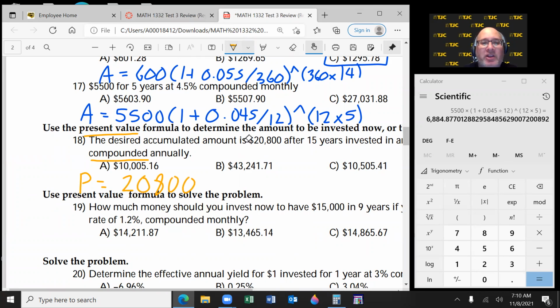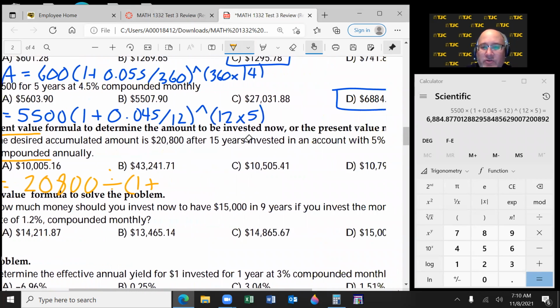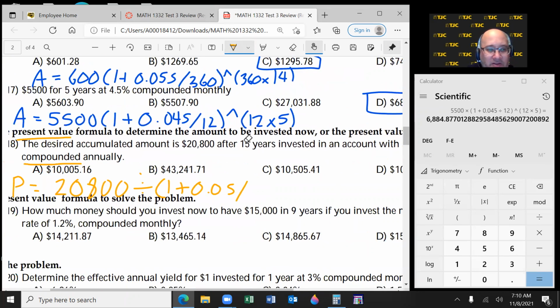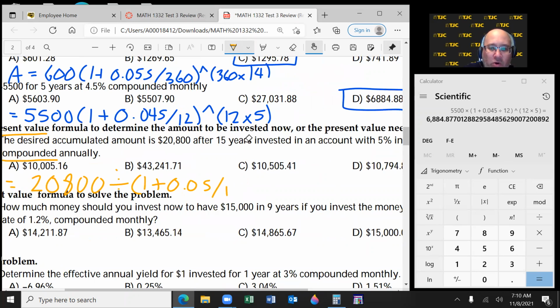We want to accumulate that, divided by, open parentheses, 1 plus R. Our interest rate is 5%, so 0.05, divided by N. It says compounded annually, so N equals 1. Exponent, open parentheses, 1 times. The number of years is 15.